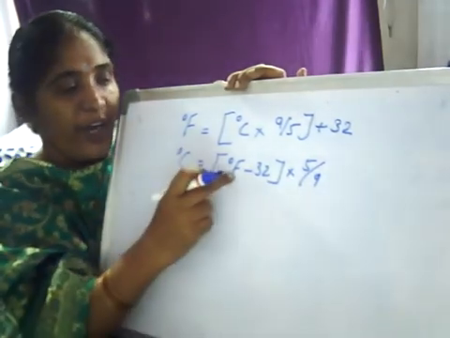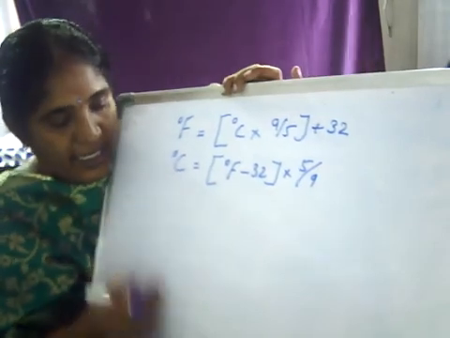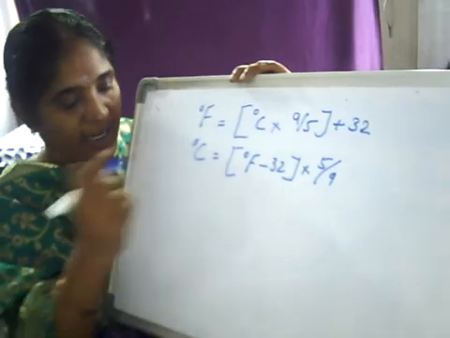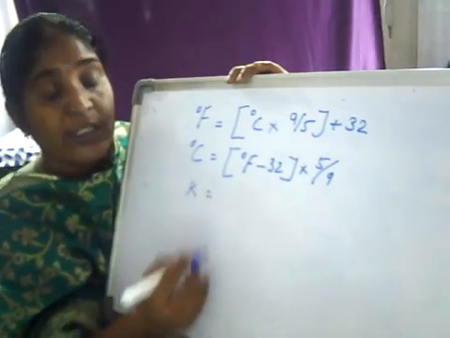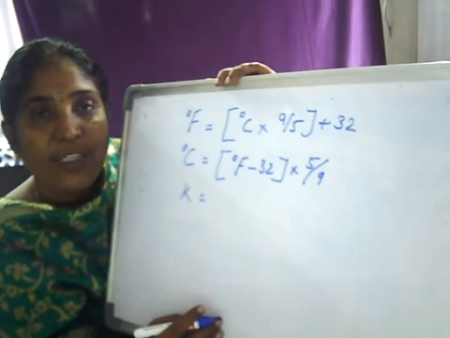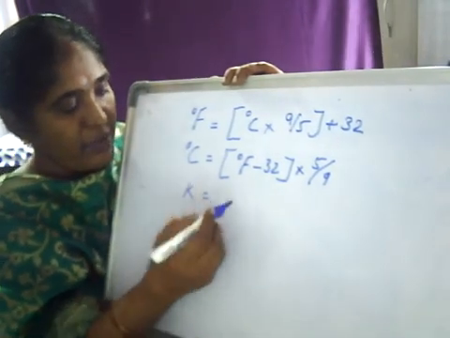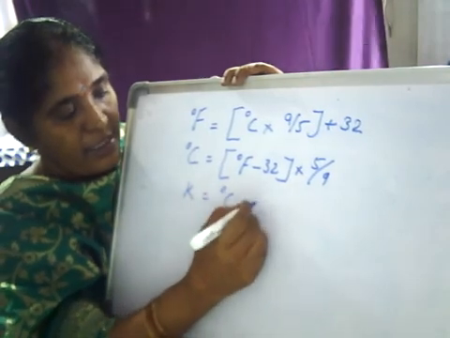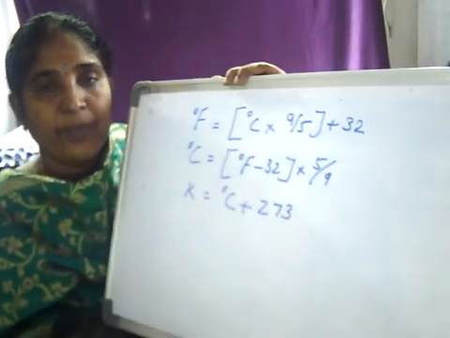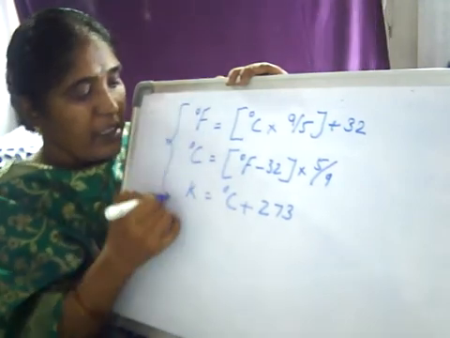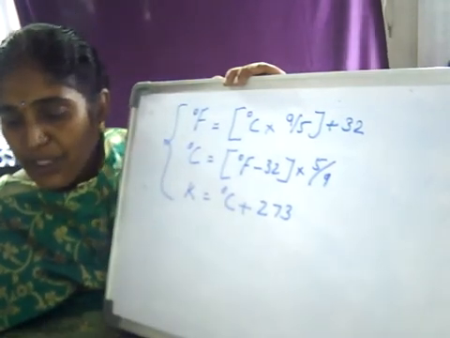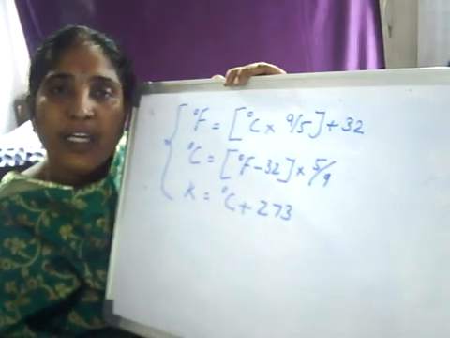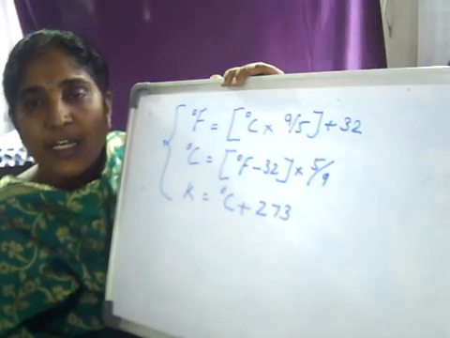Now, if you want to convert degrees Celsius into the Kelvin scale, Kelvin is equal to degrees Celsius plus 273. So you need to remember these three formulas, which are useful for us to convert from one scale into another. Is that clear?